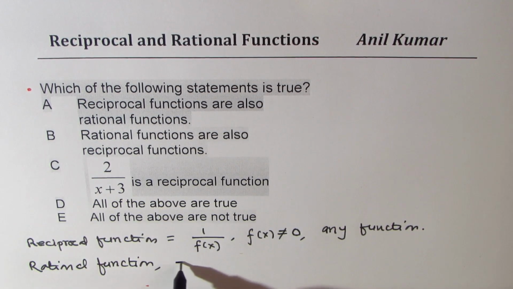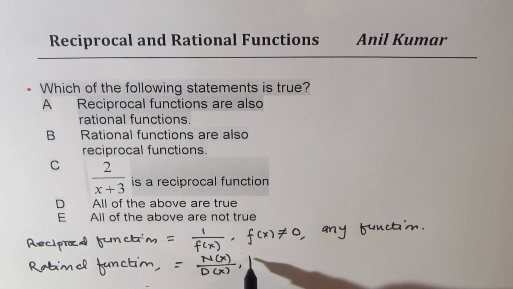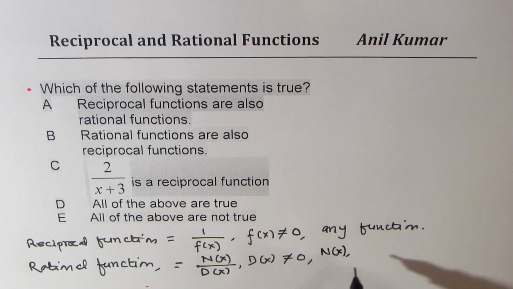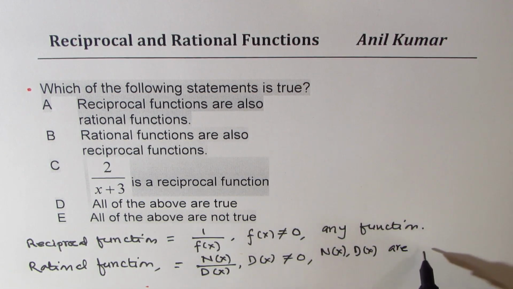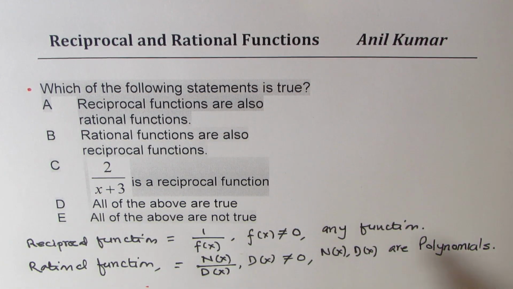So rational function is basically equal to some polynomial over another polynomial, where of course the denominator is not equal to 0. However, both polynomials n of x and d of x are only polynomials. Perfect. So that is easy to understand.